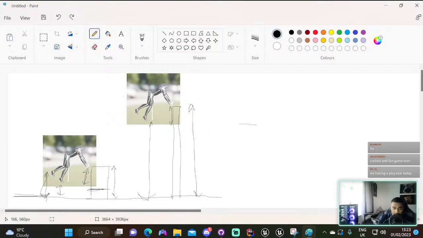Yeah, but that is the translation. It's not a scale. A negative scale is exactly the same as the positive scale. It would just flip stuff around. If you want to move the root below the ground, then you need to translate.